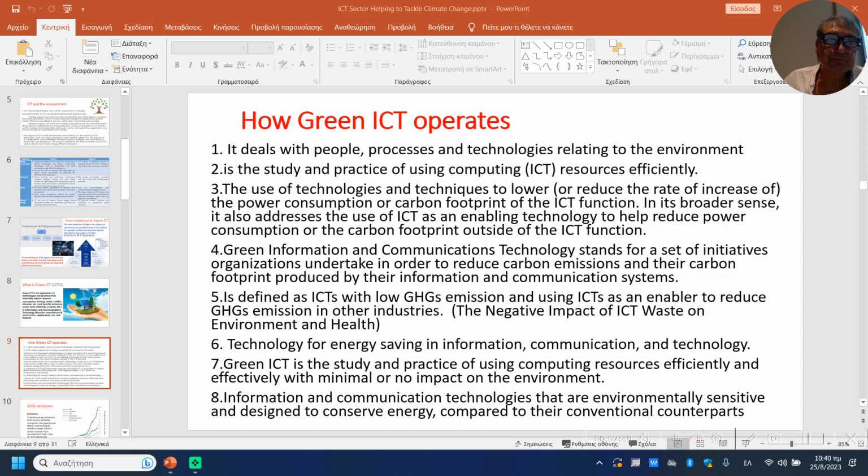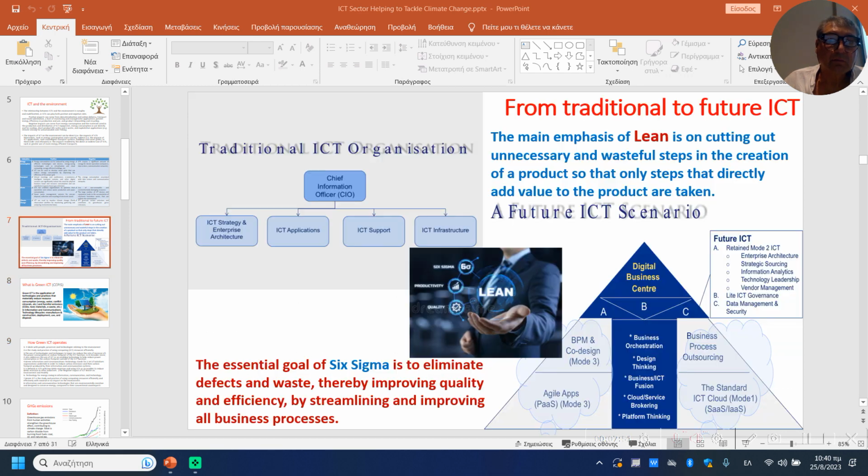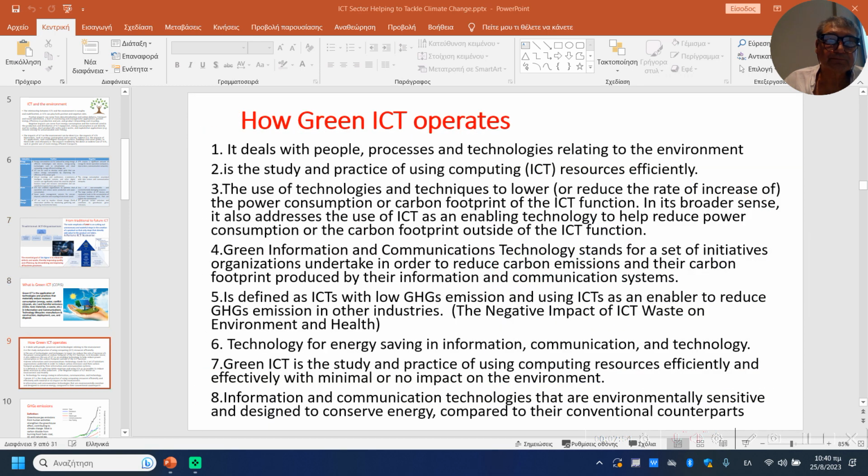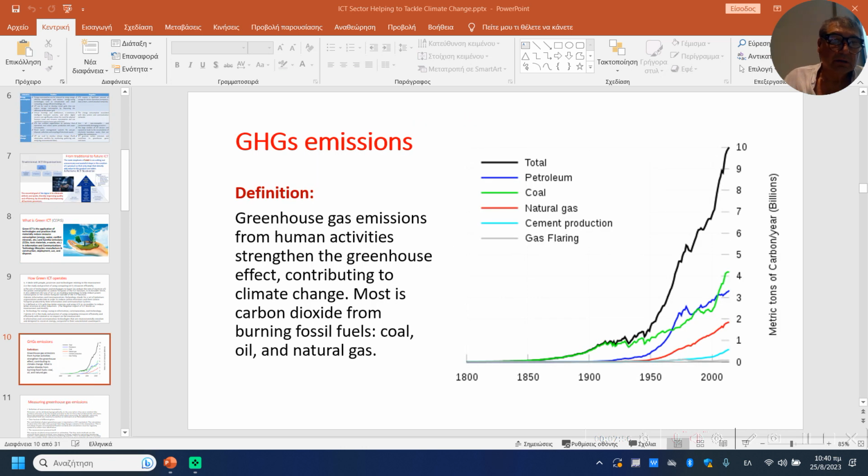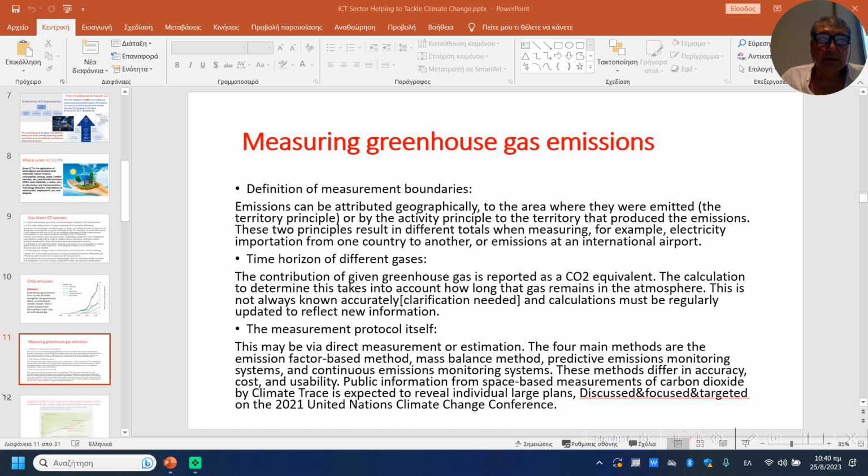So, the way all this happens is through measuring and governing greenhouse gas emissions, which is the equivalent of all the negative effects and pollutions caused to nature. A very important element is measuring greenhouse gas emissions.